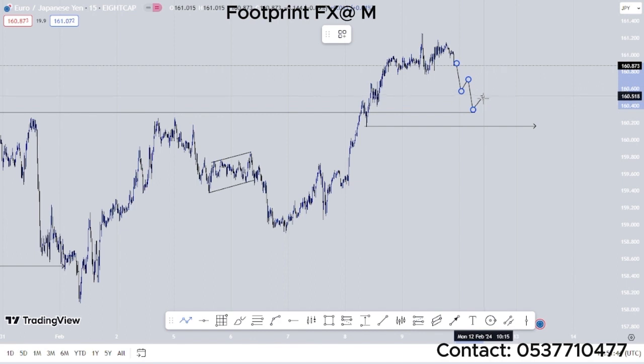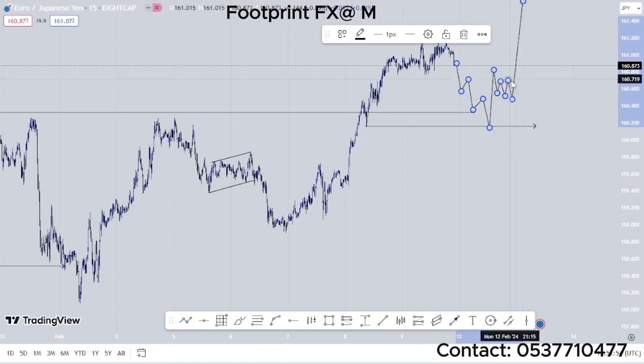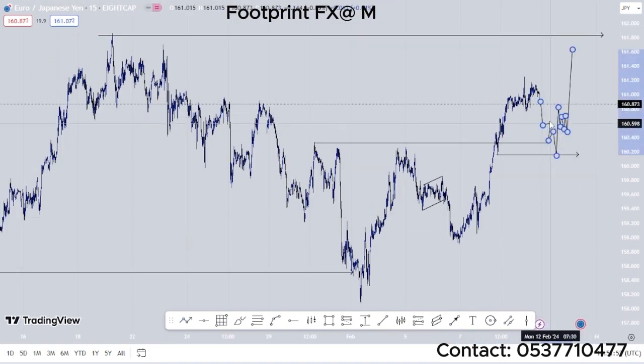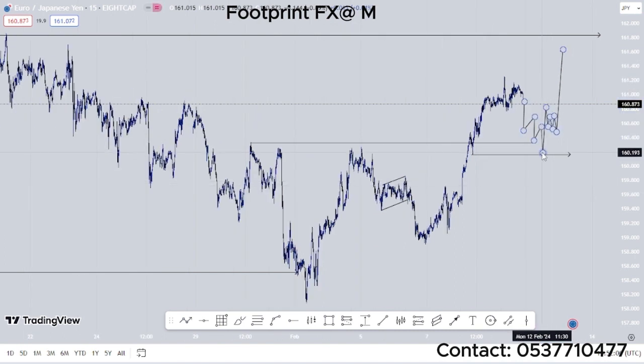Or we can wait for a push, then take the insurance push. So these are the criteria we'll be looking for. So it's either we need to see this to get it. This will be the idea for that.